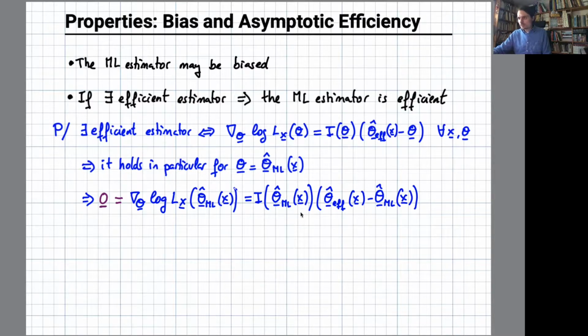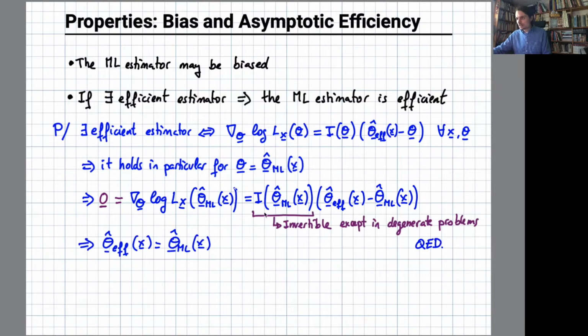Now one can just note that the Fisher information matrix is invertible, unless in degenerate problems, for instance, when the parameters are not identifiable, right? So since this matrix is invertible, this product of matrix times vector can only be 0 if this vector here is 0, right?